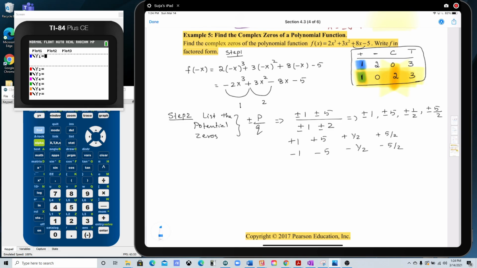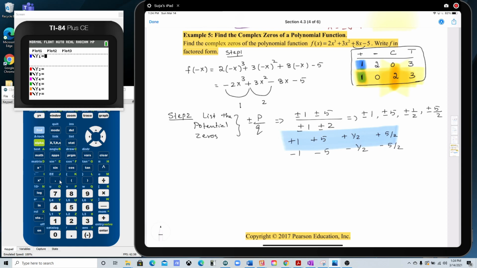So that is telling me that one of my answers is in this positive list. Among these 4, one of them is going to be my answer. Again, to find that, you can do 2 options. One is you can graph it and look for it, or you can use the remainder theorem and look for it.